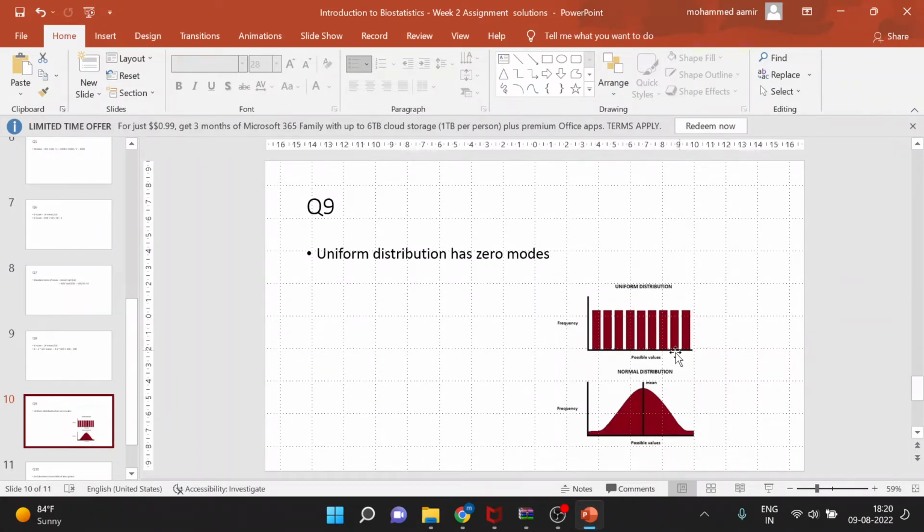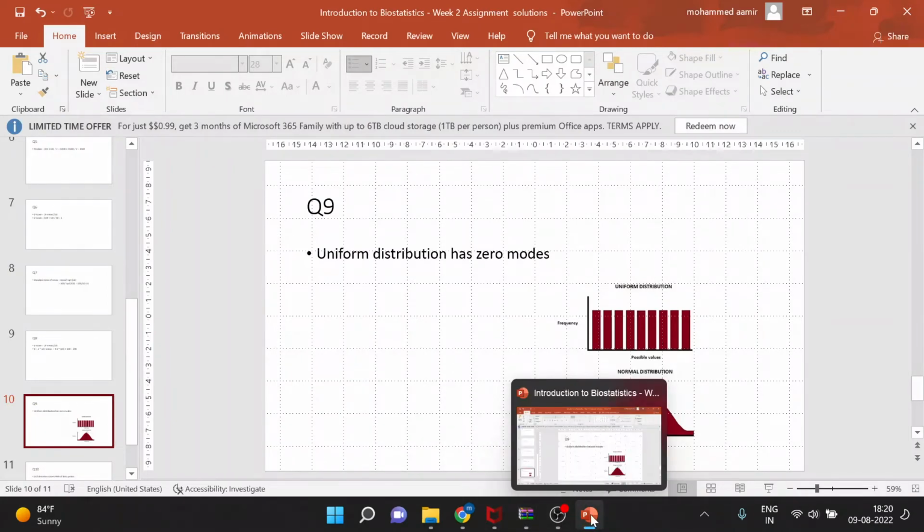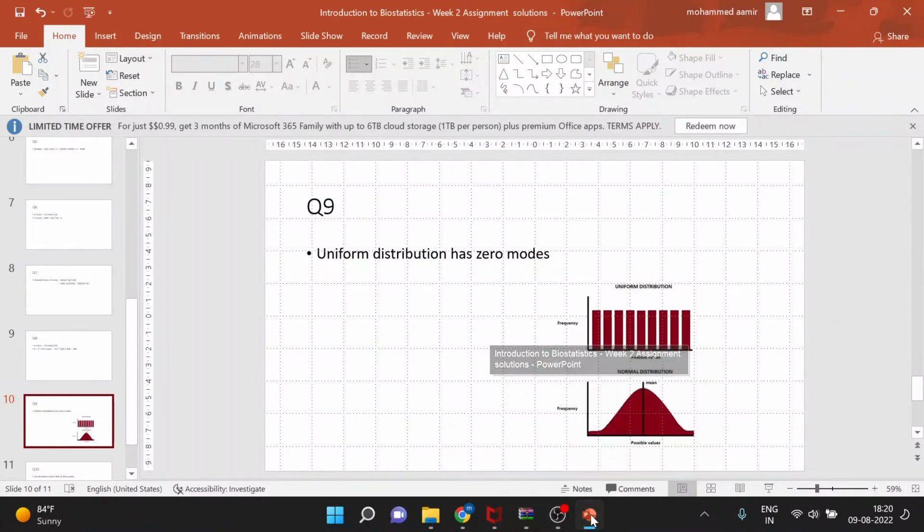At all given values of a variable, the frequency is the same. So there's no peak. It's a flat line. Whereas for a normal distribution, you have one mode, which is the mean itself. So this top one is a uniform distribution, and that has no modes. We did this in the last class also, if someone remembers.